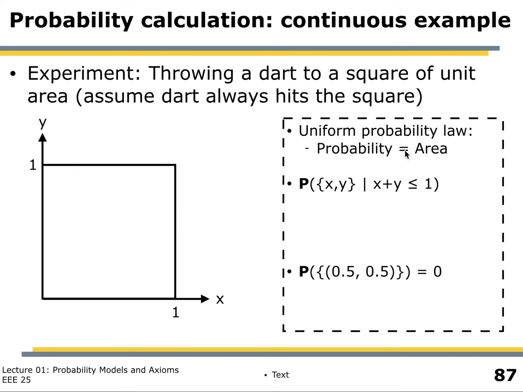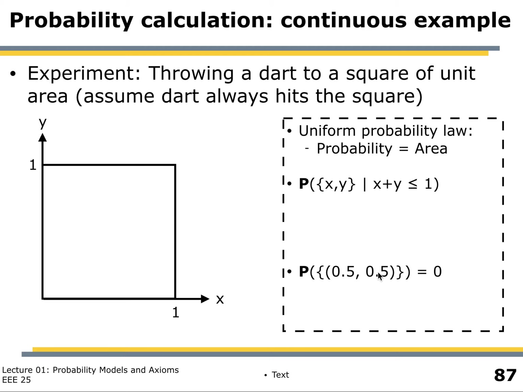So there is no way that we can actually list down all the possible outcomes of this experiment and assign a probability value to each. If you try to do that, which is the second question right here, what's the probability that the dart will hit the point 0.5, 0.5 exactly?